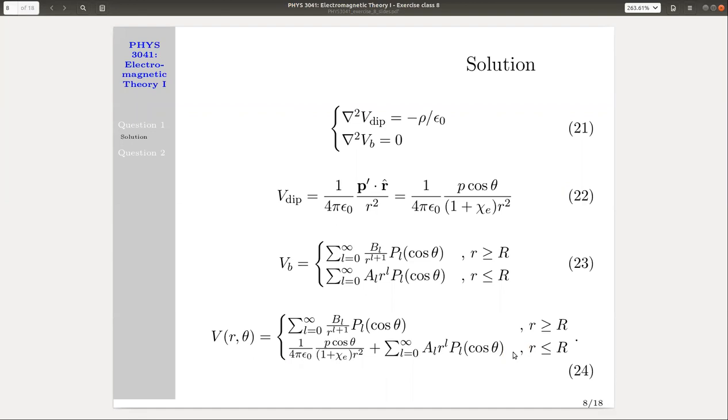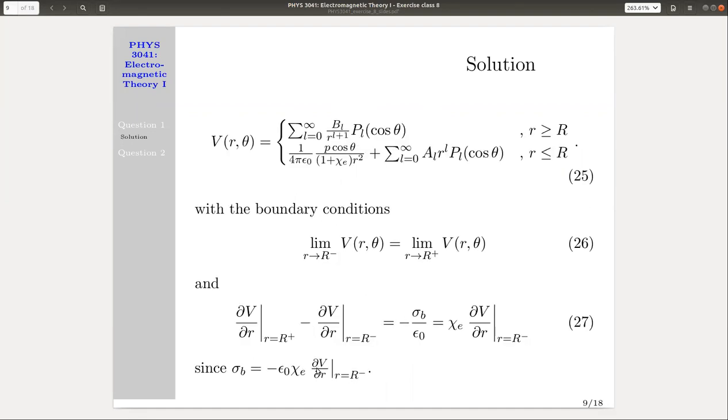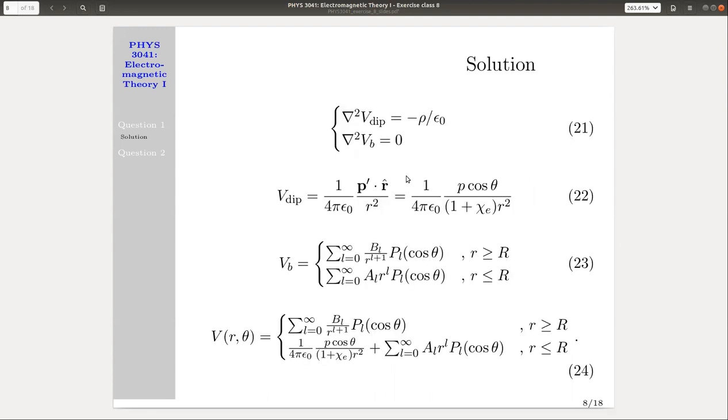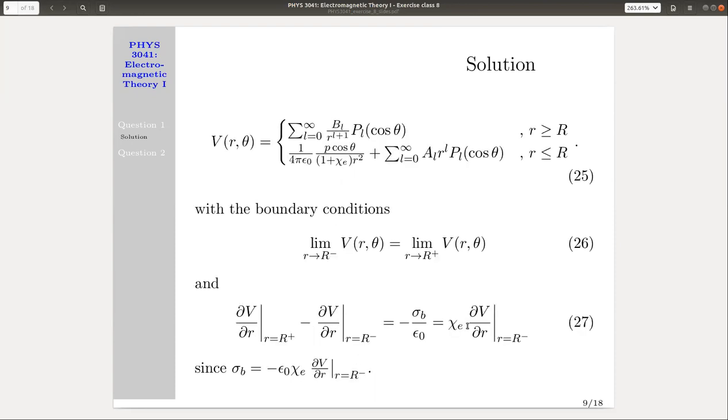So the bound surface charge here will be due to the total electric field. It depends on the total electric field in the system, and that's why you can't just ignore the dipole term, but you have to include it into the expression, and then fit the boundary conditions.